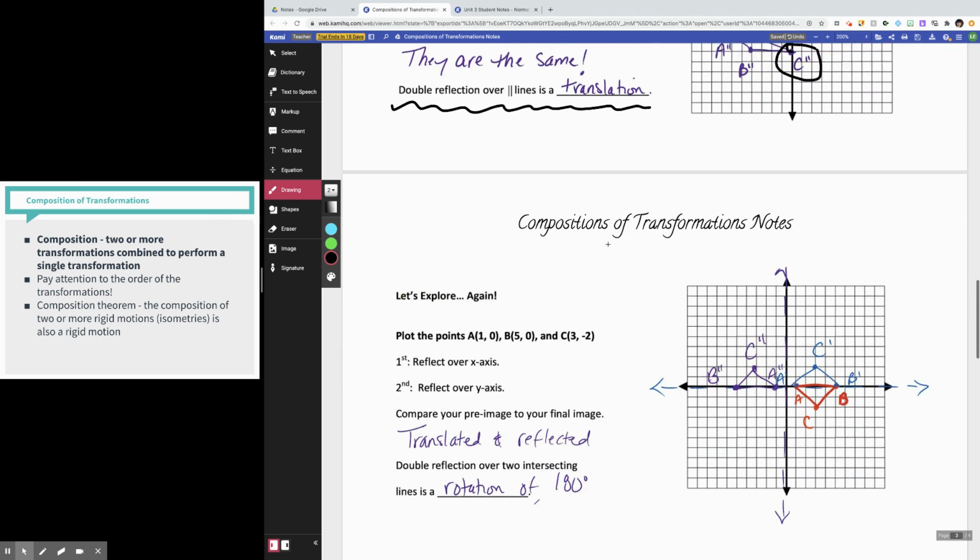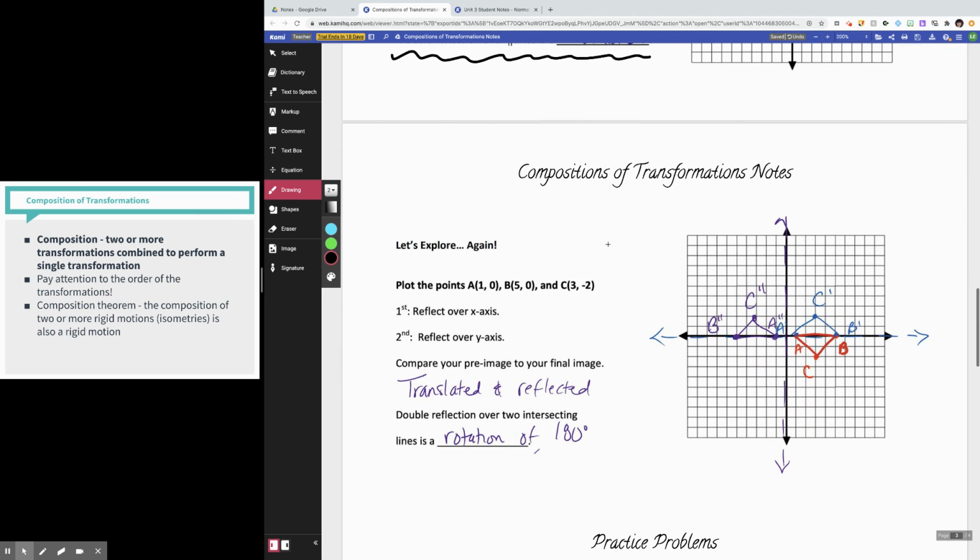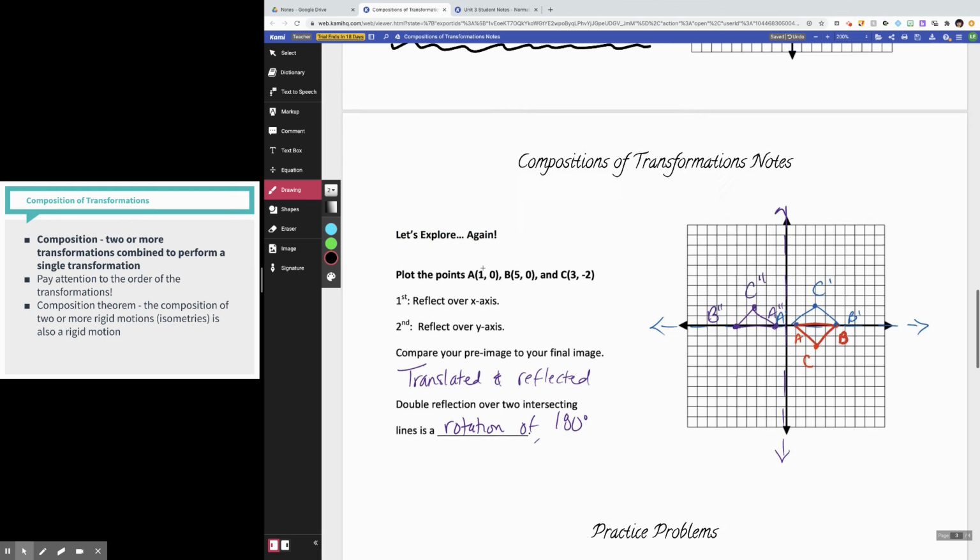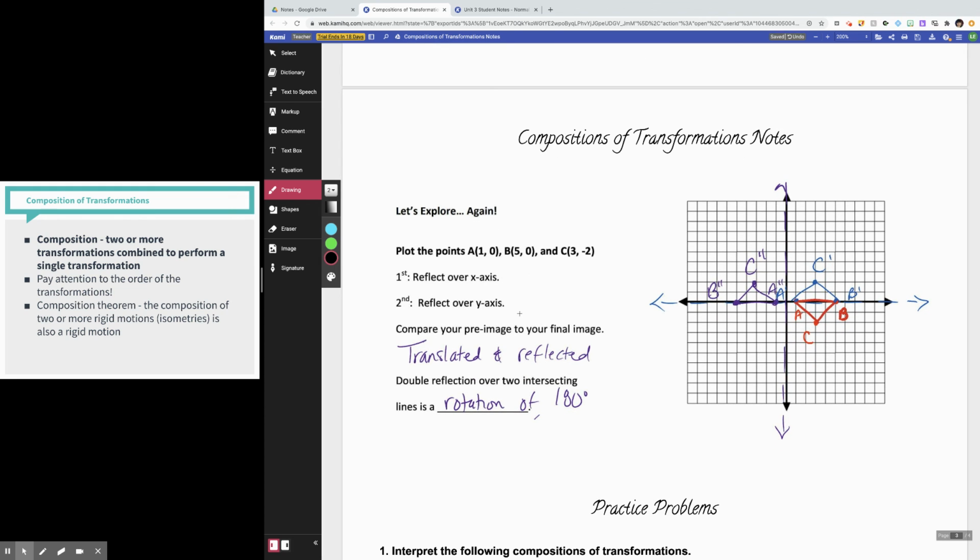Okay. So last example, because this is one of those times when you could do these two transformations in a different order and you would have ended up with the same thing, okay? So here, they took this original triangle, the one in red, reflected it over the x-axis to get this blue triangle, and then reflected that over the y-axis to get this purple triangle, right?